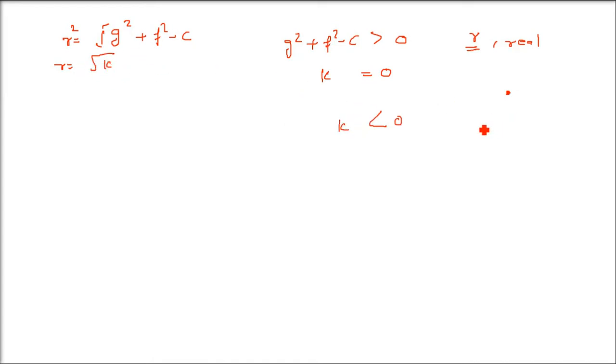That means under root negative is imaginary. You won't get a real term here. So the circle is imaginary, but the center is real. This kind of circle is called an imaginary circle, as it is not possible to draw such a circle. I hope you got the idea.